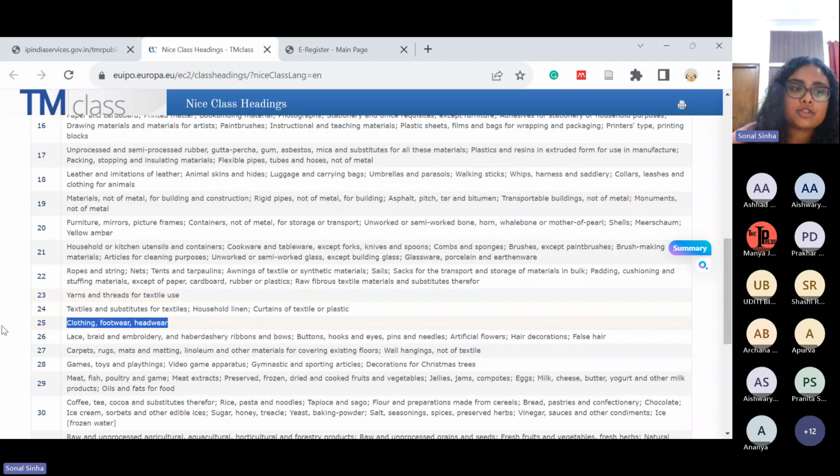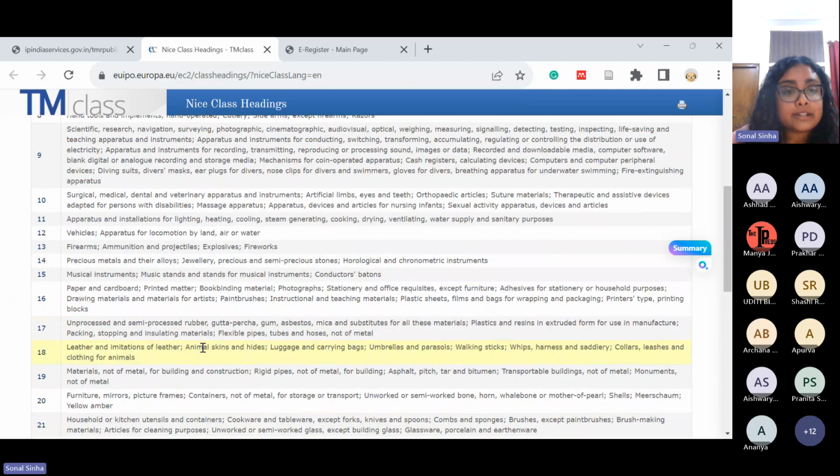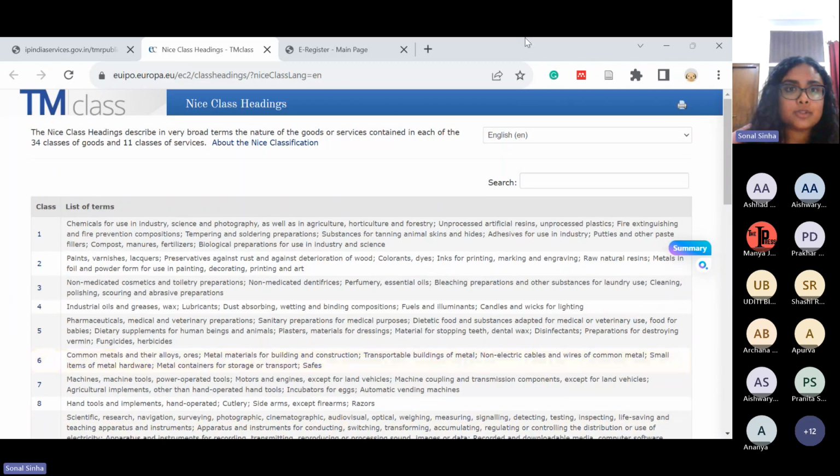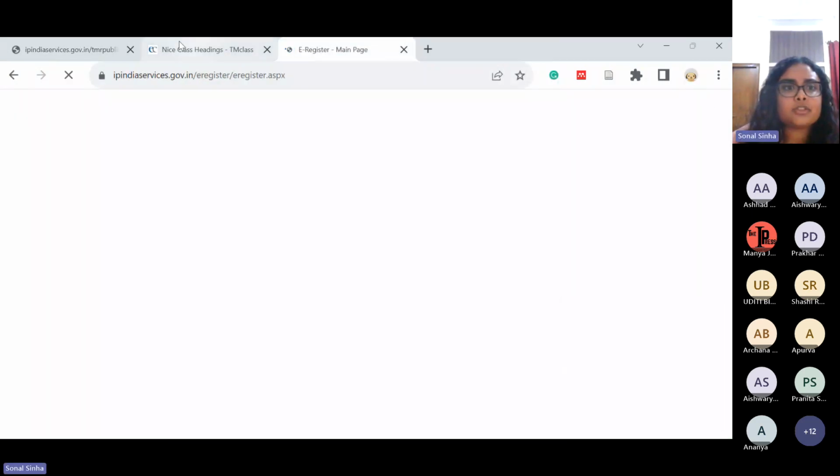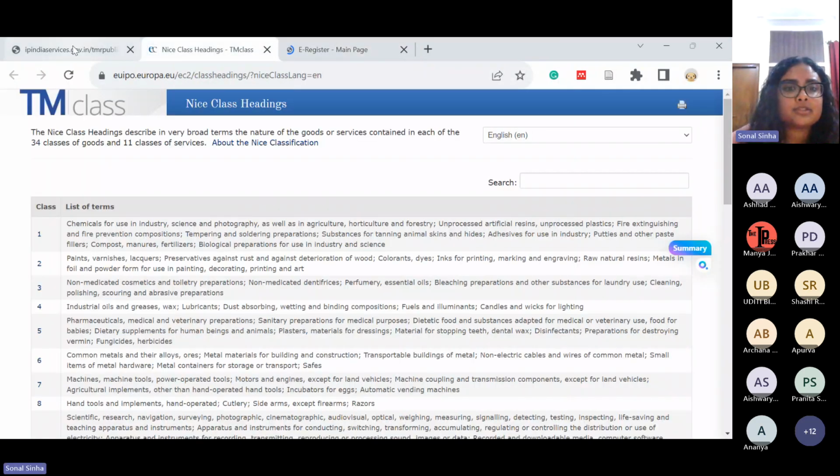So when you file an application, you will mention class 25, and then you will very deeply, very intricately mention all the classes. As we were going through the different sorts of applications, I also expanded on a lot of them to show you what kind of classes they're in.